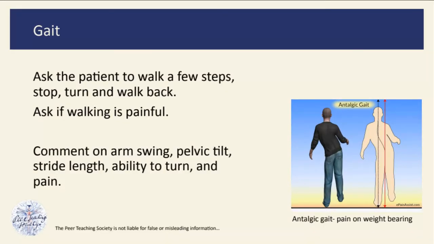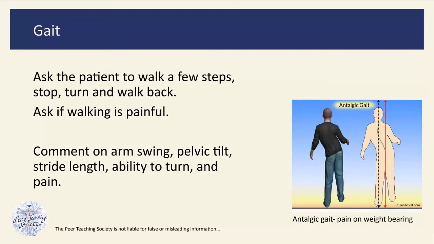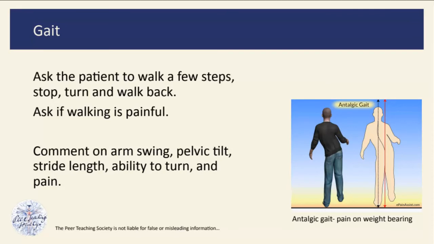That's another important one that you should probably be familiar with. But the main one is an antalgic gait, and I suspect if there's any gait they would show you, it would be that one. So be familiar with that. So that's gait. Ask them to walk, stop, turn around, and then walk back.